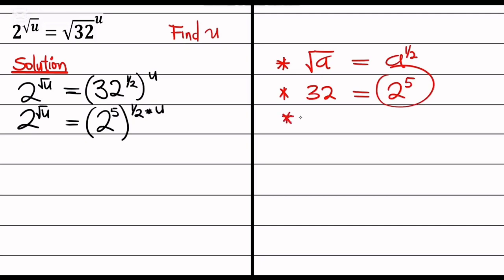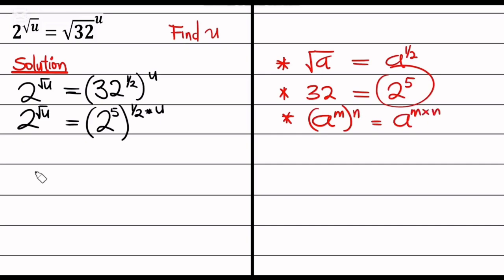Following an index rule that if we have a raised to the power of m in parentheses, then the whole stuff raised to the power of n, this is going to result in a raised to the power of m multiplied by n.